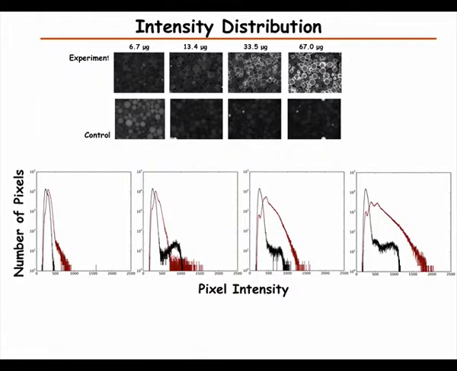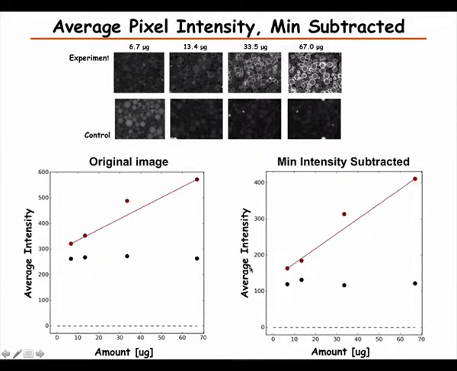If we look at all the different images here, they all exhibit a similar behavior: in the experiment we get a higher tail to higher intensities, and there is this offset for all of them. So if this was when we didn't subtract the offset, just took the average intensity, and then we subtract the offset, we go from a factor of 2 between these points to a factor of 4.